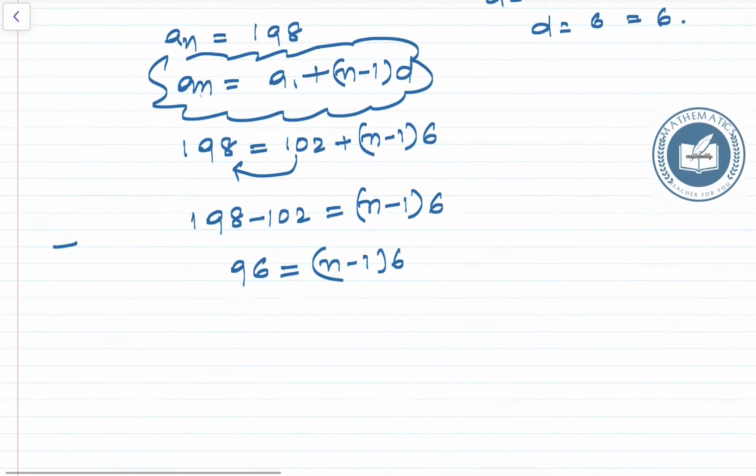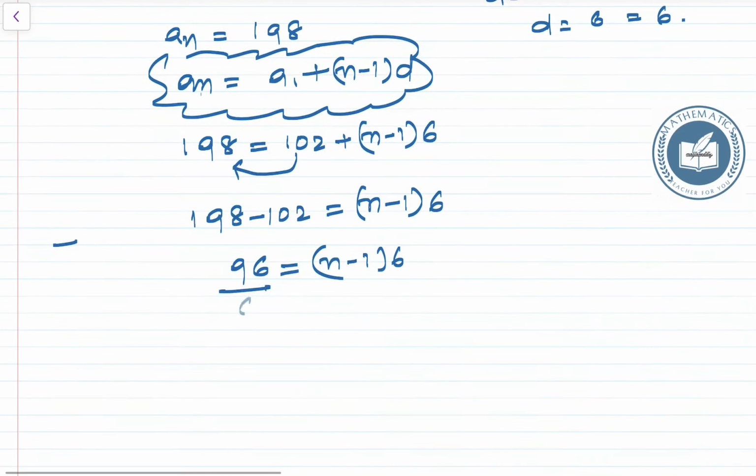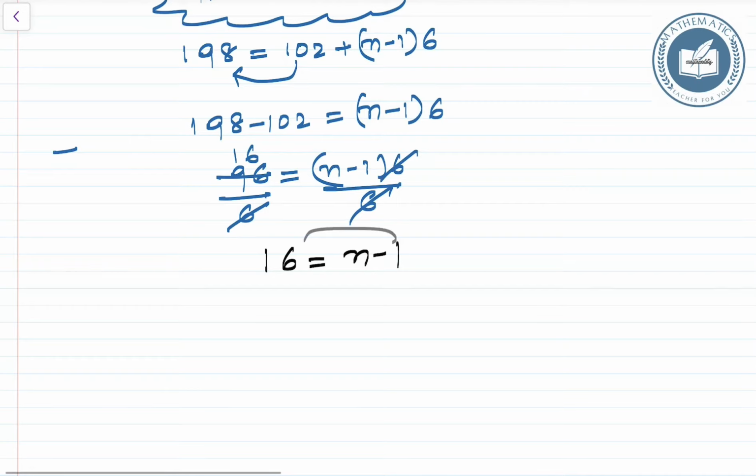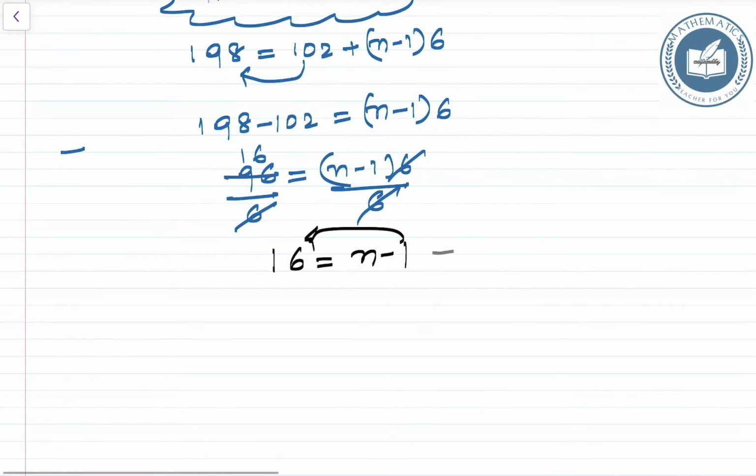Divide by 6 on both sides, and the 6 will be cancelled. 16, 6 ones are 6 and 6 nines are 54, so 96 by 6 is 16. 16 is equal to n minus 1. Transposing this 1 to this side, 16 plus 1 equals n. So the n value is 17.